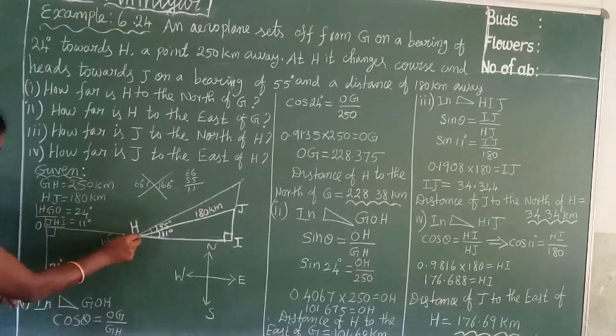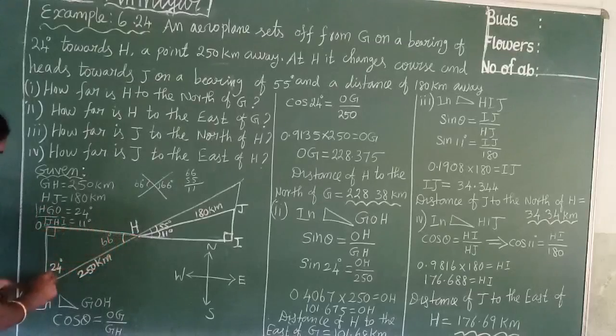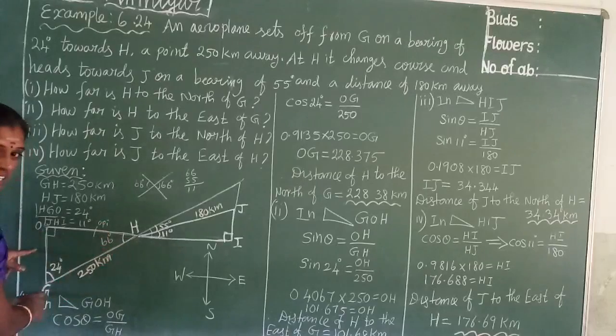So select this triangle, HOG triangle. In right angle triangle GOH, the hypotenuse we know, 250. This angle is 24. This one is opposite, this one adjacent. We want to find OG. We know HG.